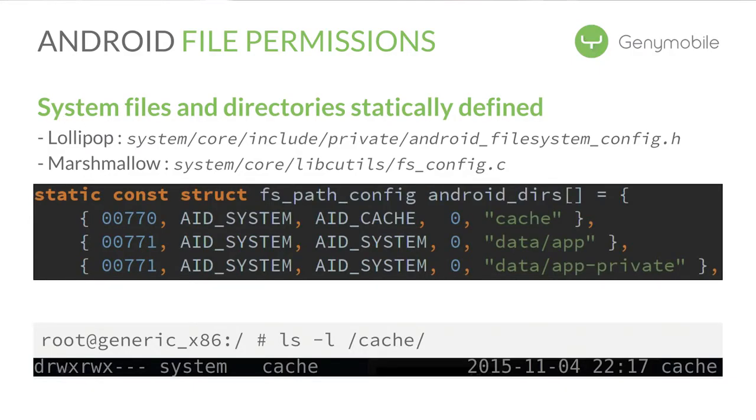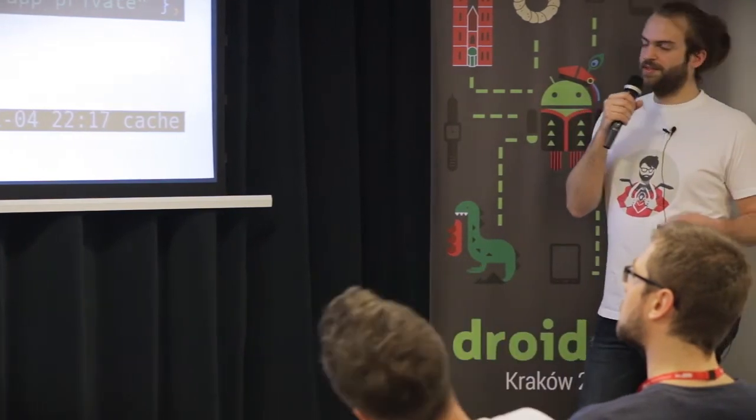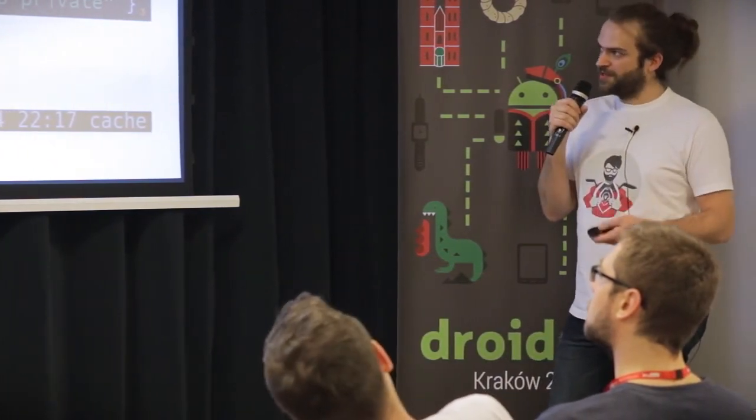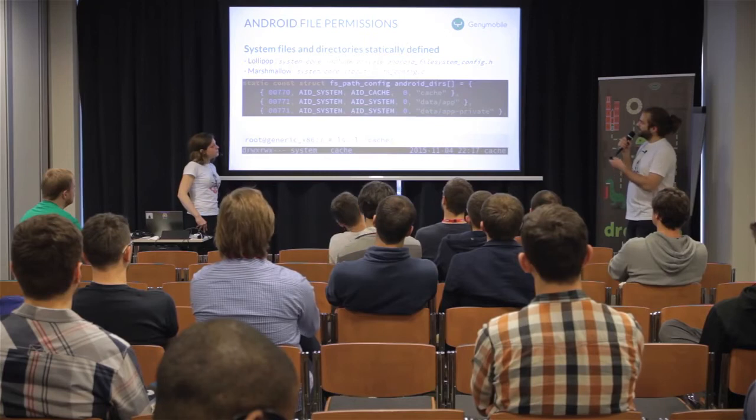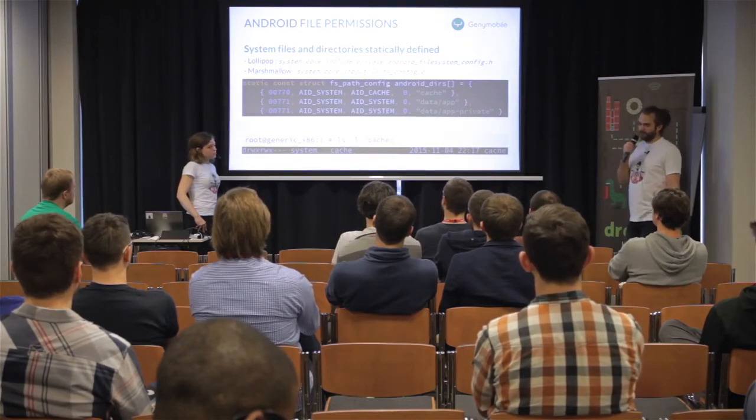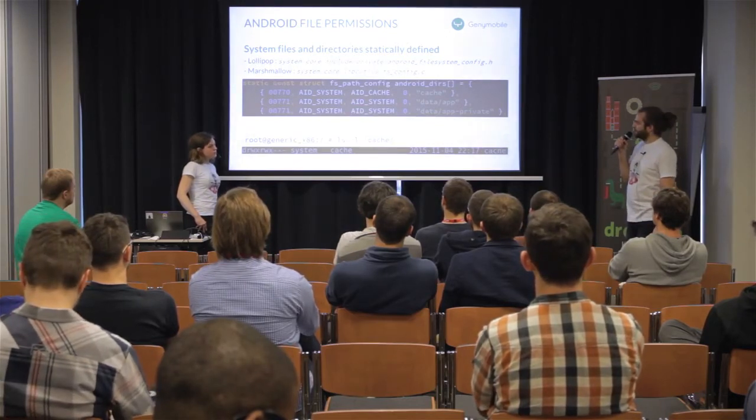Another application specific to Android would be the directories of the system that the platform sets and configures with specific rights. This is located in a C configuration file. The location depends on the Android version.